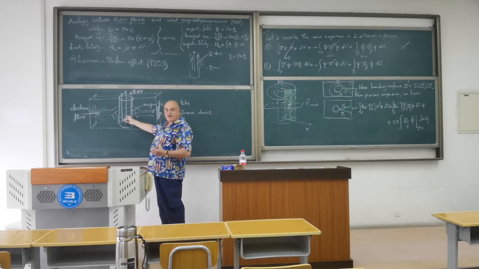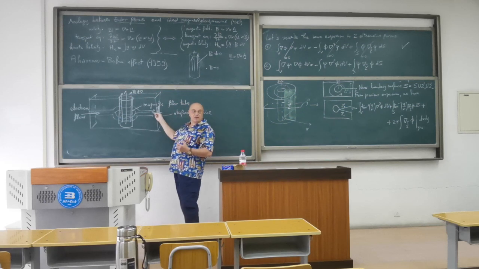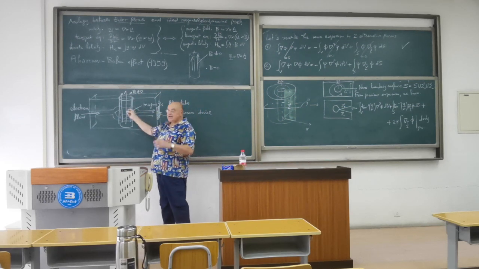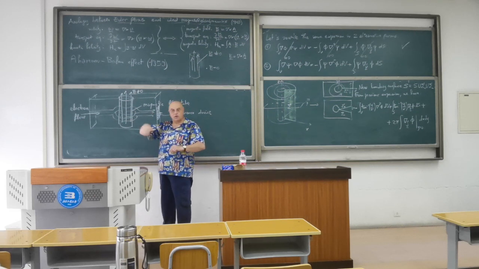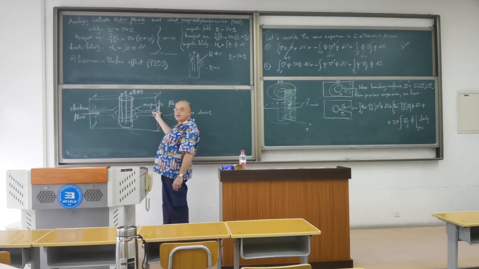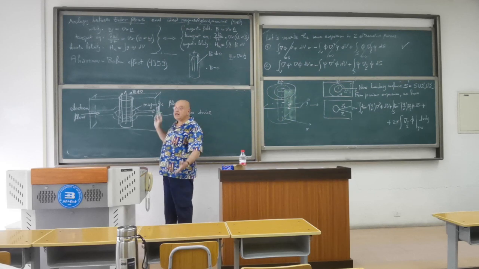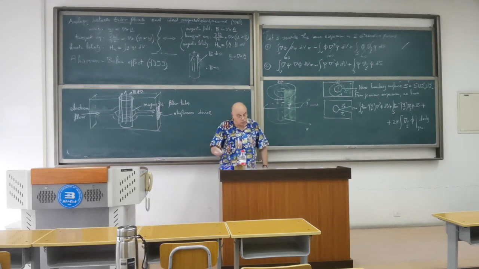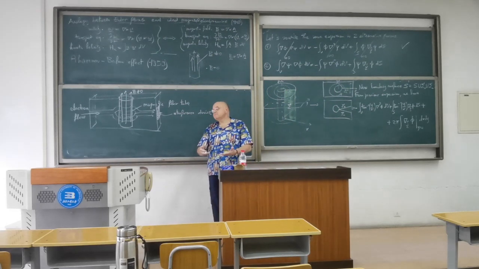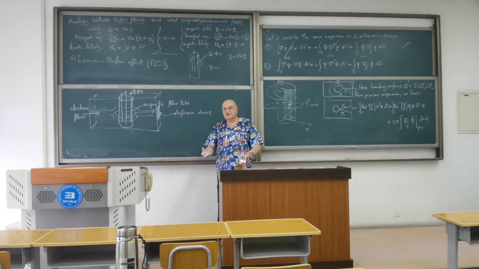So if you change the flux, you change the interference pattern. If you annihilate the flux here, no magnetic field, no current, nothing, then there is no interference.